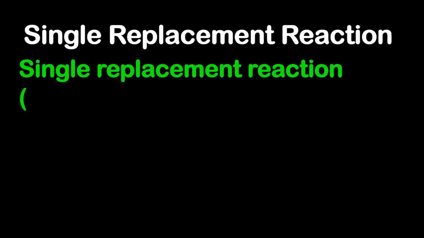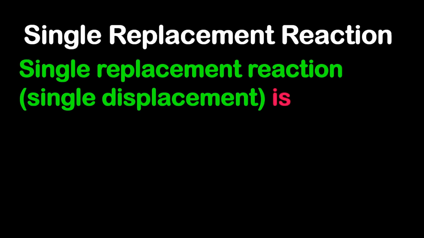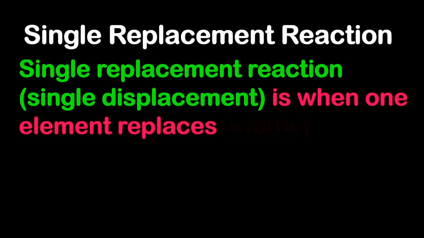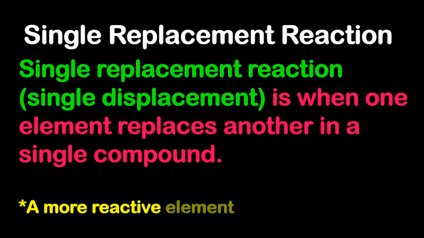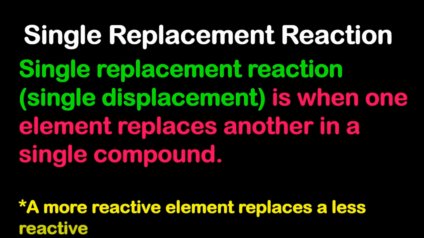In single replacement reaction, also called single displacement reaction, one element replaces another in a single compound. A more reactive element will replace a less reactive element, and that is the key point. If the element replacing the other is not more reactive, then there will be no reaction.